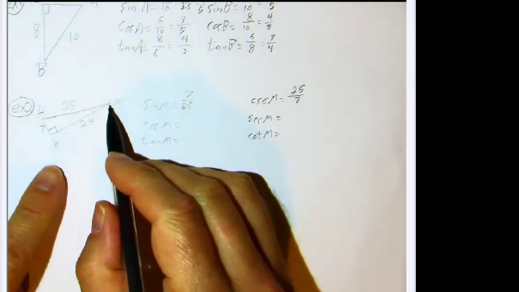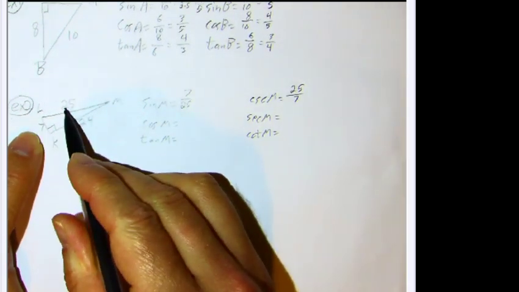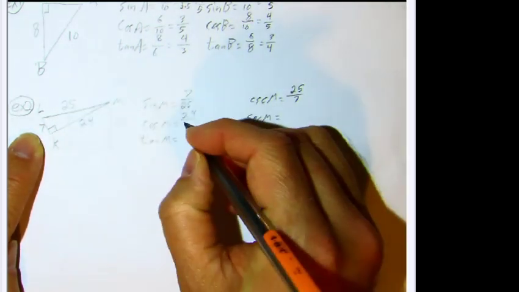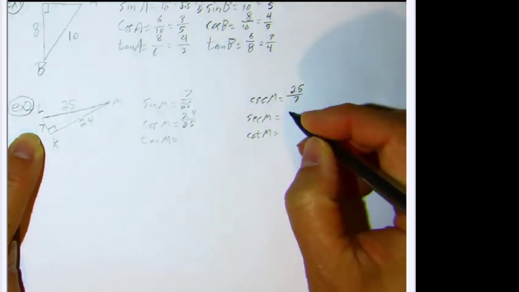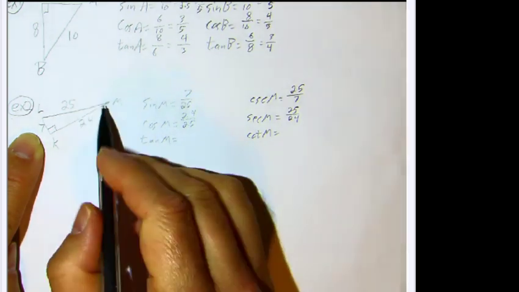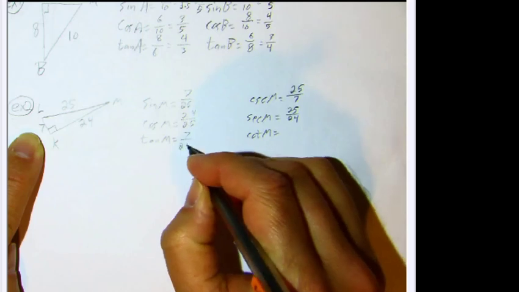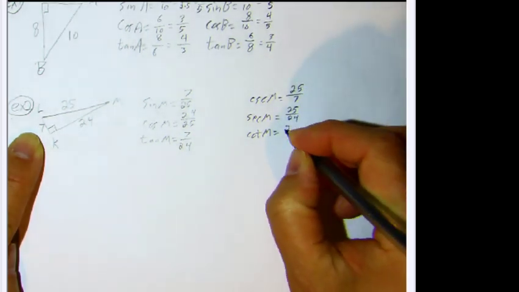Now cosine, that's adjacent over hypotenuse, so this must be adjacent, 24 over 25, and the hypotenuse does not change, which makes the secant 25 over 24. The tangent is going to be opposite over adjacent. Cotangent is the inverse of that. All right, well, let's take a look at a few more.